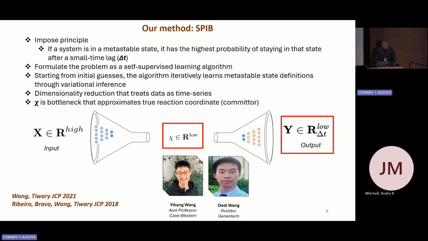This allows us to formulate this problem as a self-supervised learning algorithm. This is a special kind of dimensionality reduction technique that treats data as time series, and it allows us to learn the low-dimensional space that we can use to bias metadynamics. We also learn iteratively the output y, which tells us the metastable state definitions.